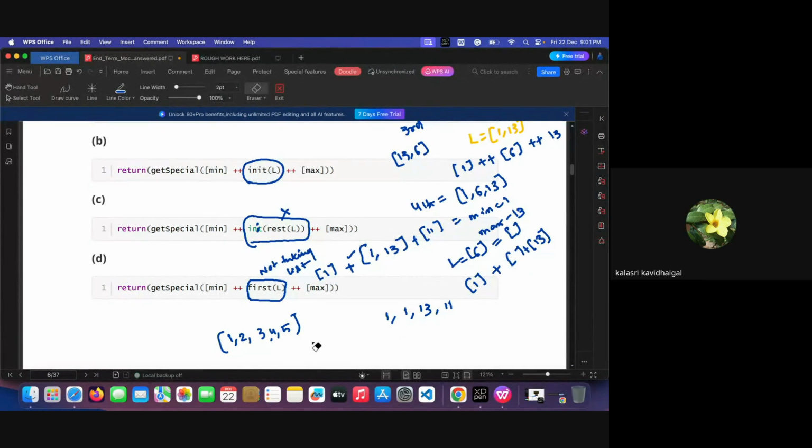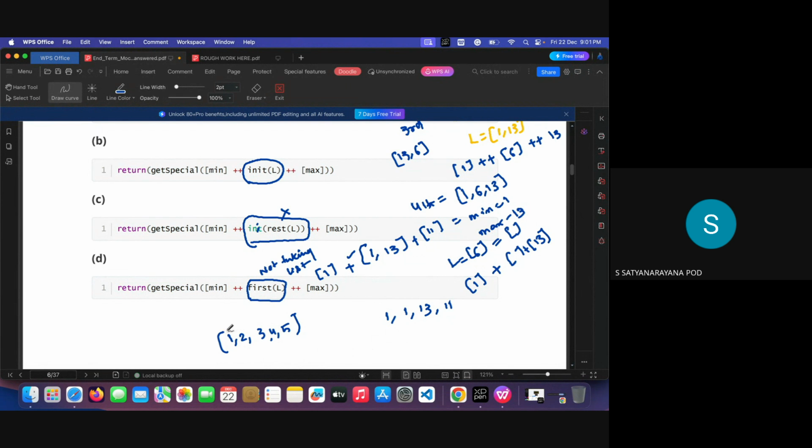Shall we write it within the square bracket? No, not square bracket actually. The function you are using, the function output we have to expect. So you are supposed to get the first element as well as the list, in list format. If you are using rest, only this part is taken. If you are using init, only this part is taken. Clear? Yes.